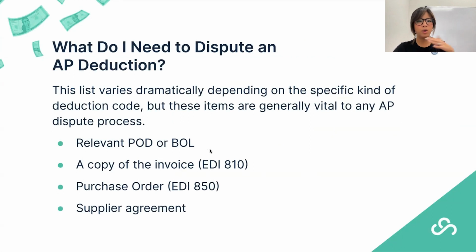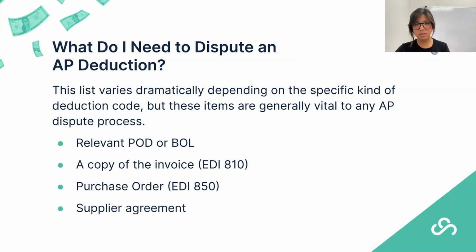So what do you need to actually dispute an AP deduction? Just so you guys know, there are about 75 different AP deduction codes from Walmart. As a general rule, the documentation that you need to fight each different code is going to depend on the type of code. For example, if it's a pricing related deduction, you're probably going to need your supplier agreement or an email from your buyer.